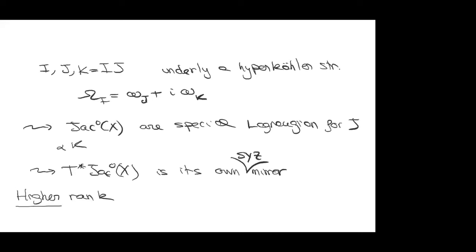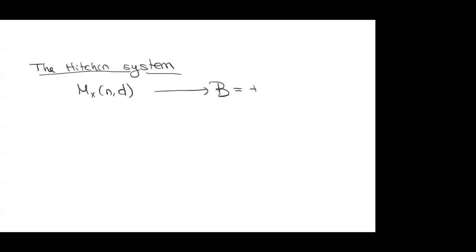So in higher rank, we have also complex Lagrangian fibrations, which are maps. There's a map from the moduli space of Higgs bundles to a vector space, which is given by sections of successive powers of the canonical bundle.